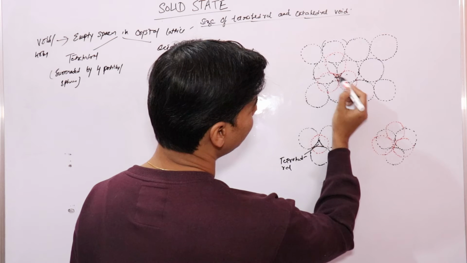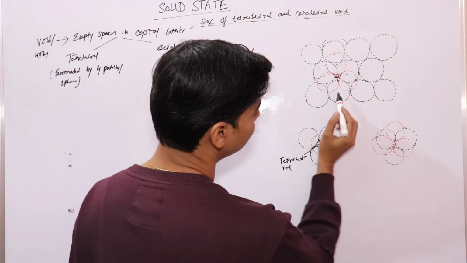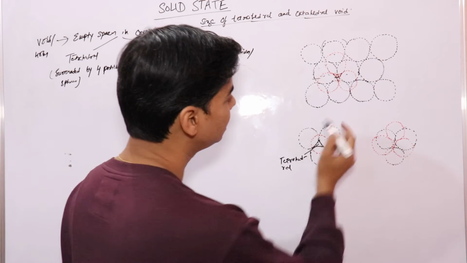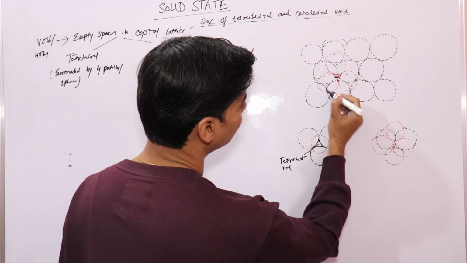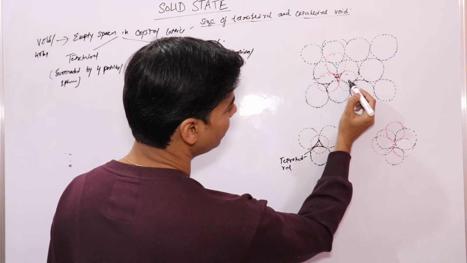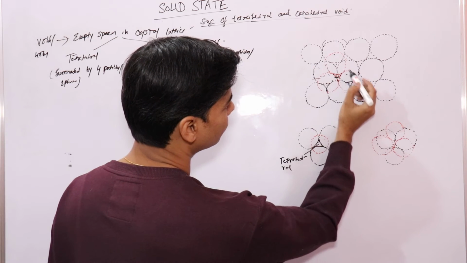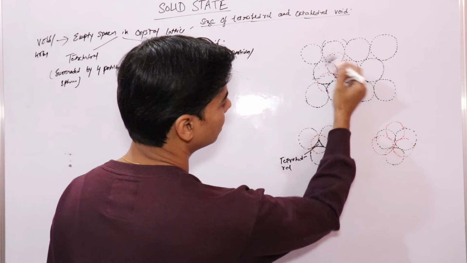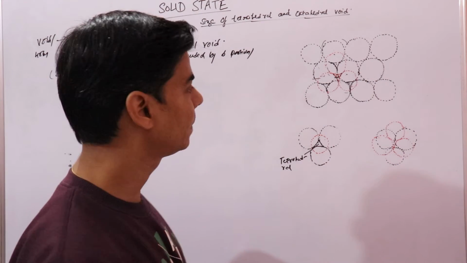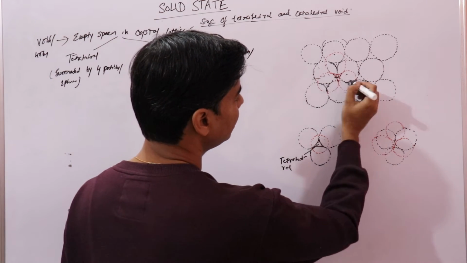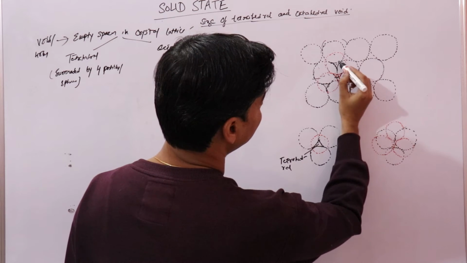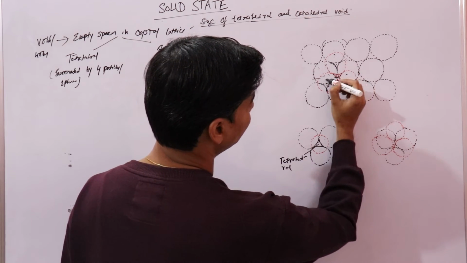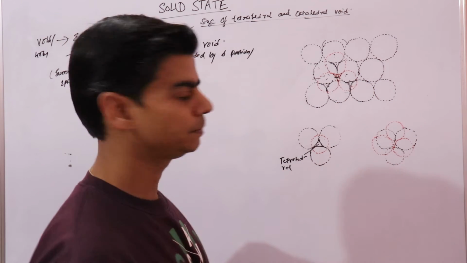So this is the second layer of red spheres, formed by placing these red spheres onto the voids. This is a void, so we place this sphere on this void. This is a void, we place this sphere on this void. This is a void, we place this third sphere onto this void. So these are 3 voids in the first layer below.